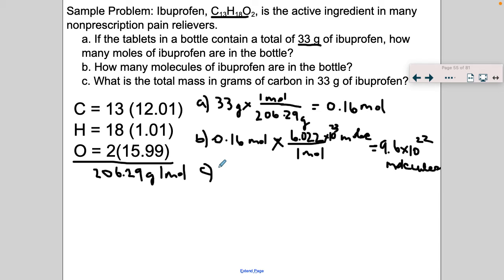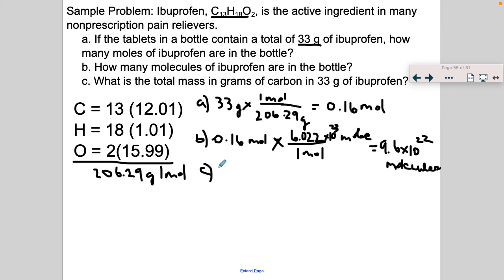Okay, to find the total mass of carbon present in ibuprofen, the two conversion factors needed are the amount of carbon in moles per mole of C13H18O2 and the molar mass of carbon. So we are going to take 13 moles of carbon multiplied by the molar mass of carbon.